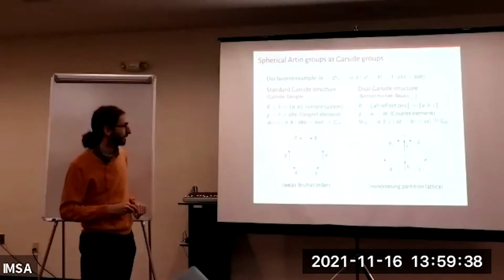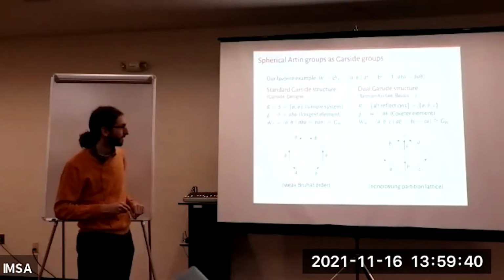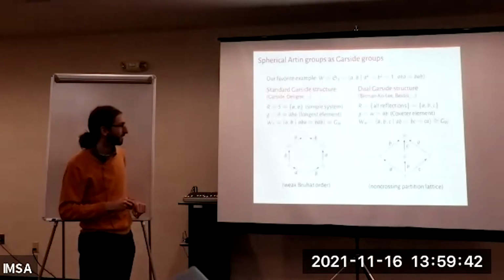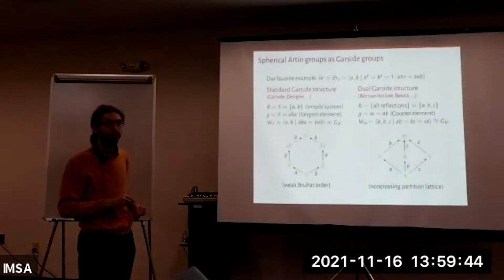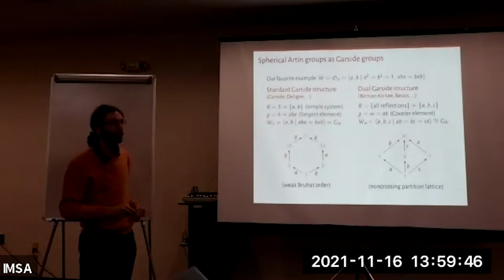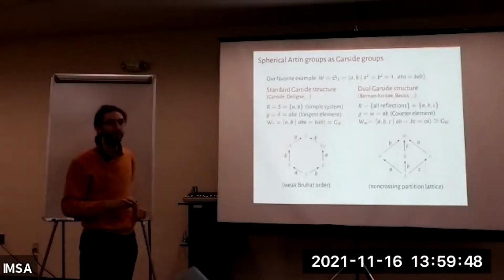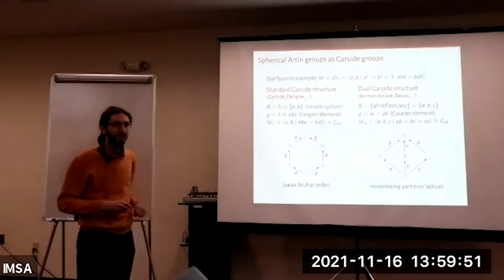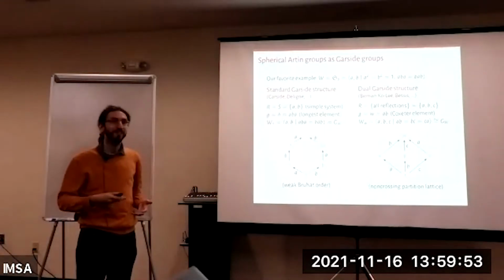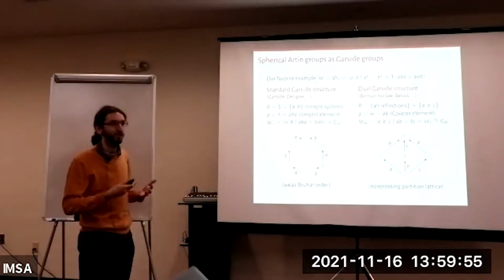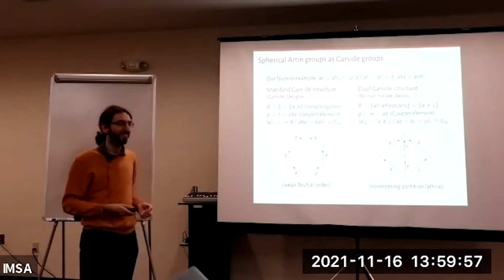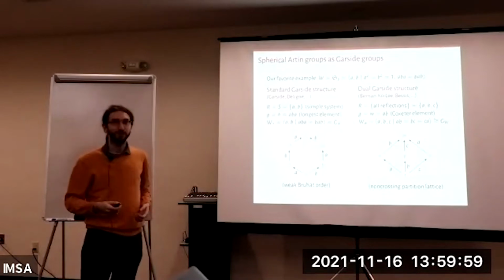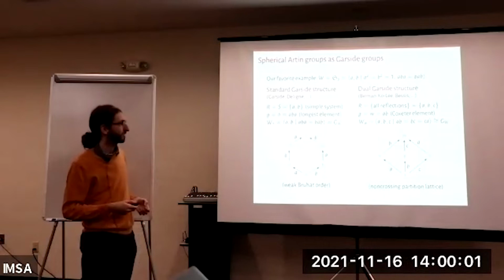So on the left we have 2 generators, and the Garside element has length 3. On the right we have 3 generators, the Garside element has length 2. And this is true in general, and there are other kinds of numerical invariants, if you want, that get exchanged between these 2 structures.